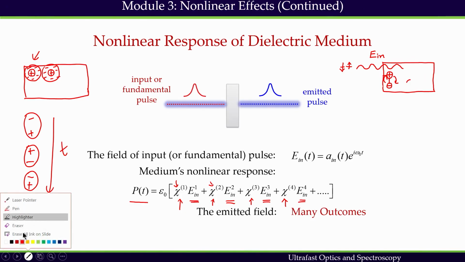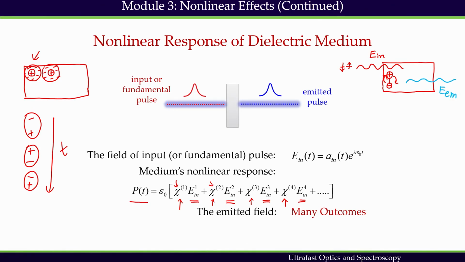This emission occurs due to this dipole oscillation. This is E emitted. So these are the three-step mechanism we have been discussing in this module, and we represent the nonlinear frequency generation with the help of this figure.